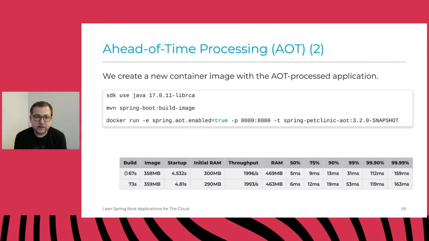I would expect that the numbers are better, but it looks like my machine had other things to do at that time when measuring, I guess. I'm not sure. But we're quite in the same range, and we don't need to do component scanning and entity scanning, which is a huge advantage.